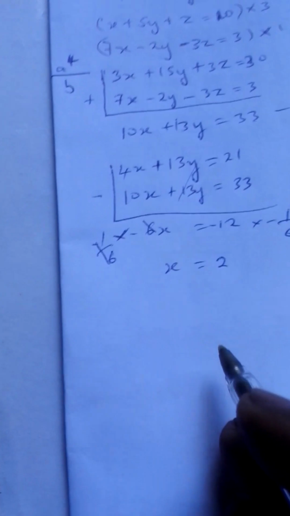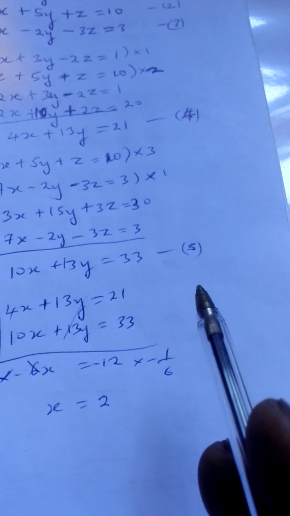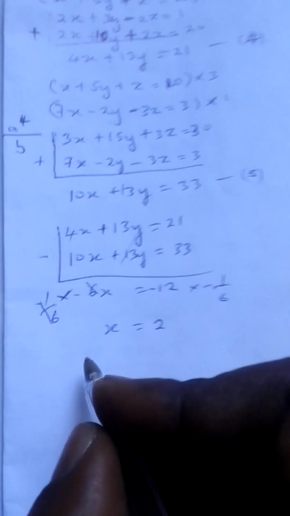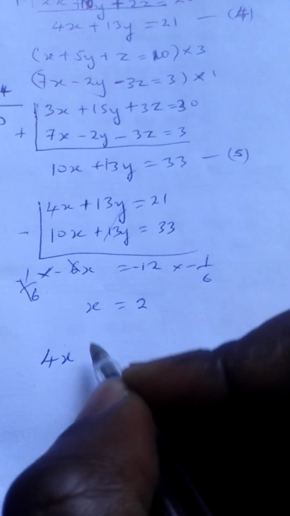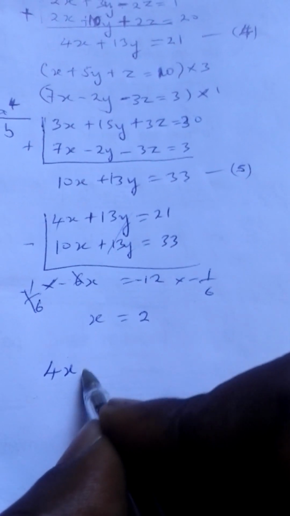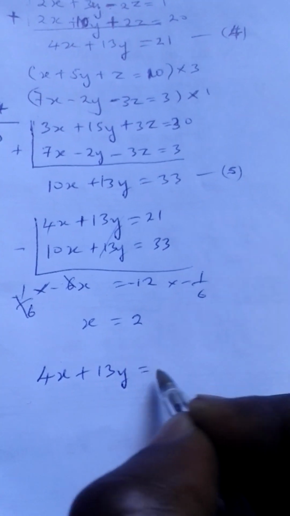Up next, we're going to have to substitute the 2 into one of the equations, equation 4 or equation 5. In my case, I'm going to choose equation 4 to substitute my x. Equation 4 is 4x plus 13y equals 21.